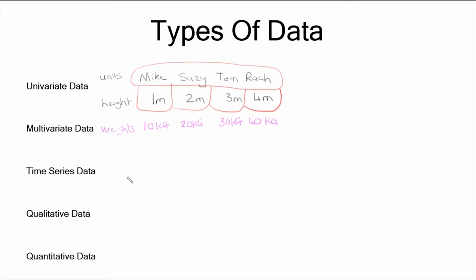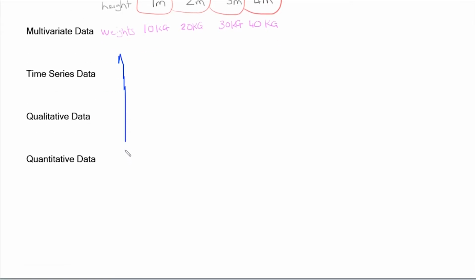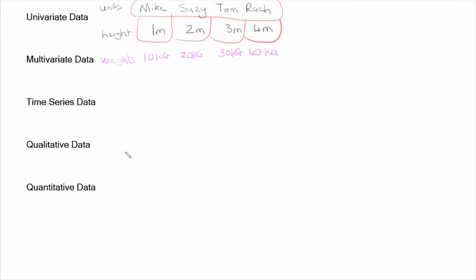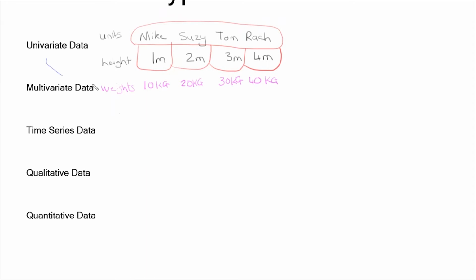With time series, let's say we're looking at Mike, and what we're trying to do is measure his weight at certain intervals of time, every 6 months.